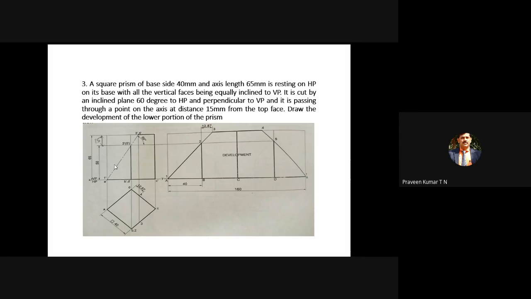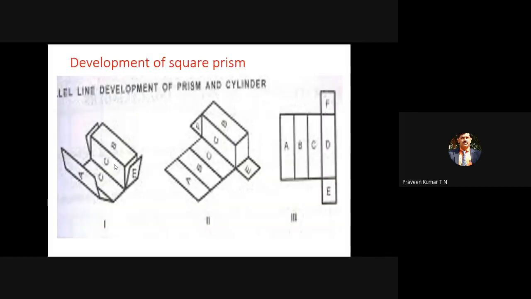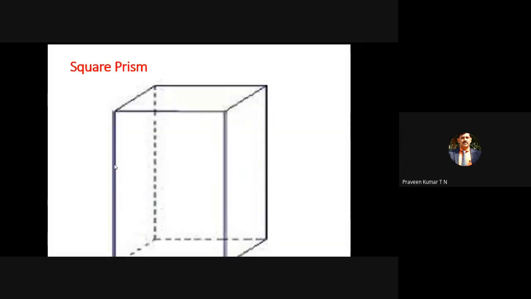You have cut the solid with an inclined plane. The cutting direction is inclined, and once you cut, the top portion is removed. So we can identify some point on each and every longer edge. I am talking about this longer edge. Imagine this is the axis and you are cutting along this direction.